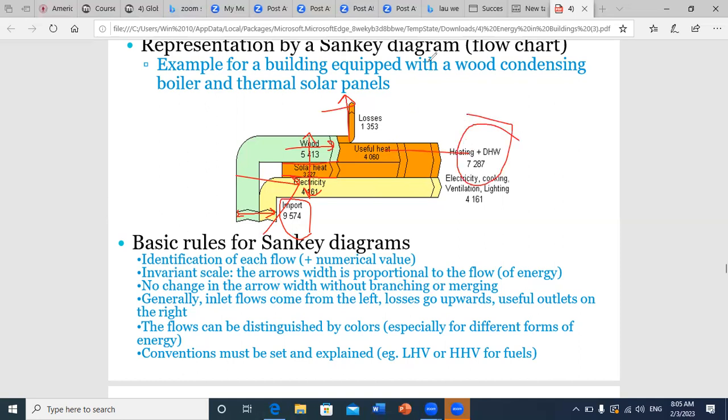We can see here that combustion energy from wood and the solar heat can be used, for example, for heating purposes, plus domestic hot water needs, while electricity can be used for several purposes such as lighting, any device needing electricity, cooking, ventilation, etc. So this diagram can be a good and simple presentation to see what energy you need to import and what the useful part is.